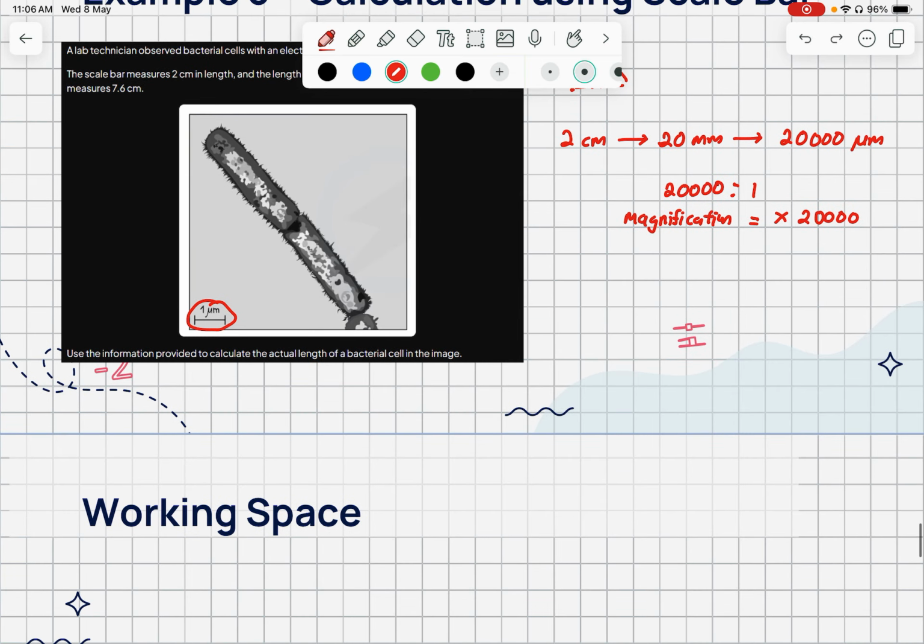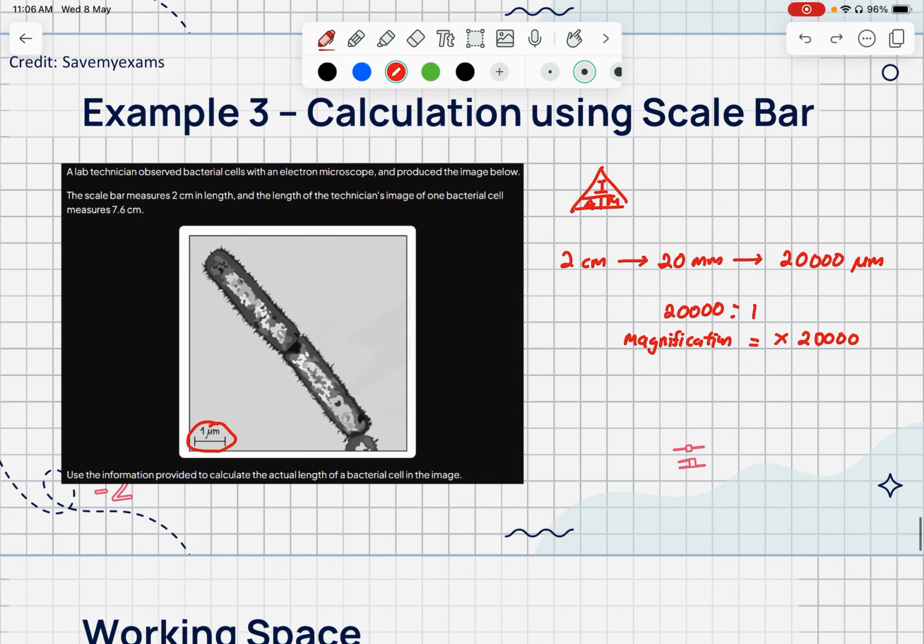So you need to change the value for your one bacterial cell. The image length of it is 7.6 centimeters. So 7.6 centimeters you convert into 76 millimeters, and then times by 1,000, you get 76,000 micrometers.